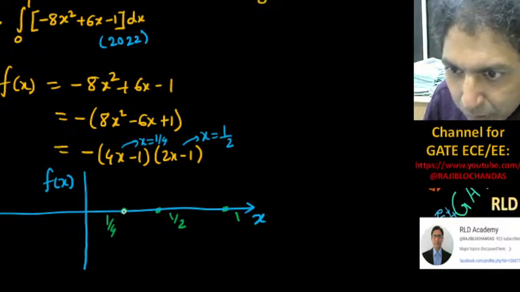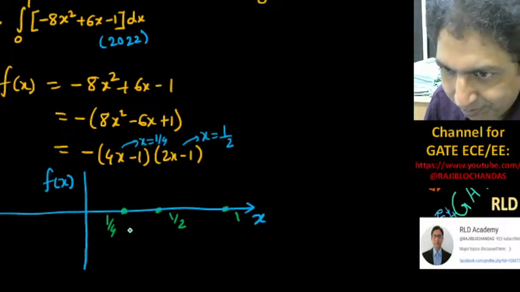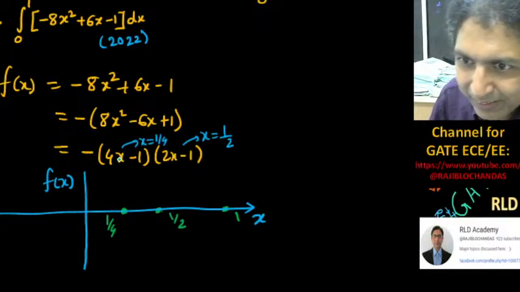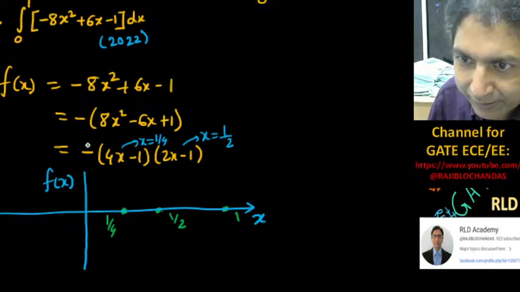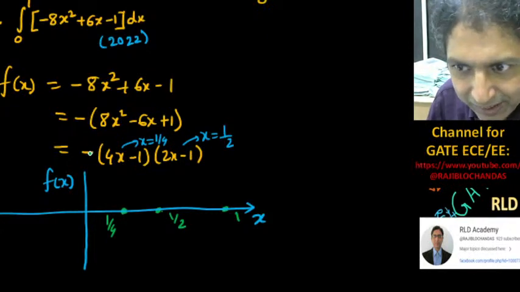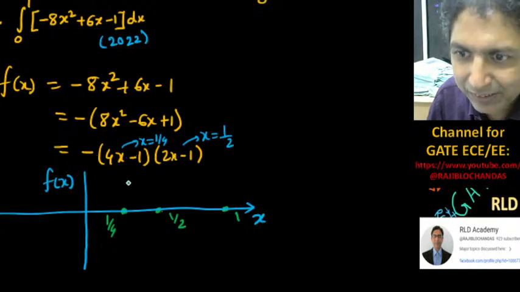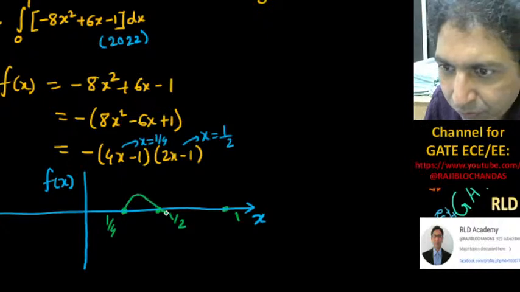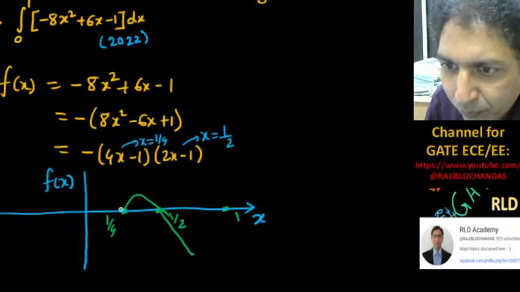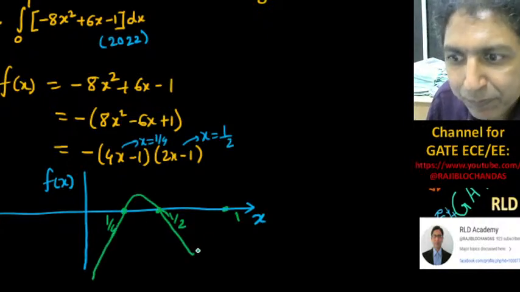Now here it will be 0, these 2 points it will be 0, and you can understand that if x is very high negative or very high positive, then it is becoming minus infinity. Okay, so I can have this kind of parabola.